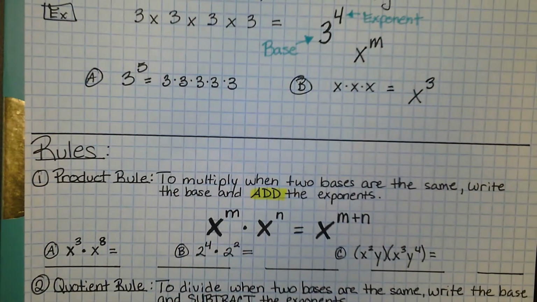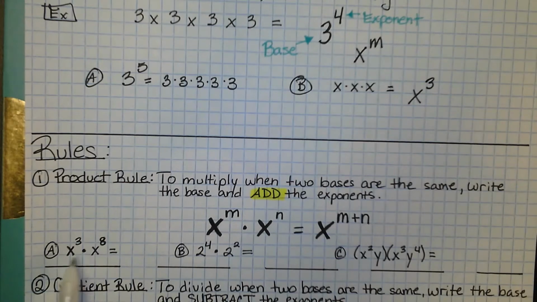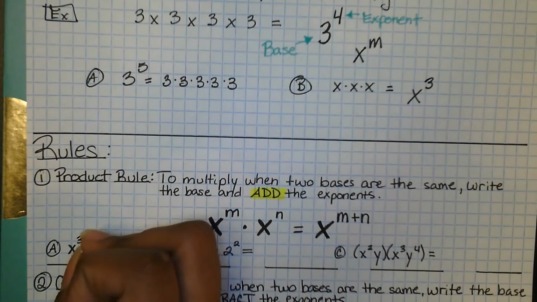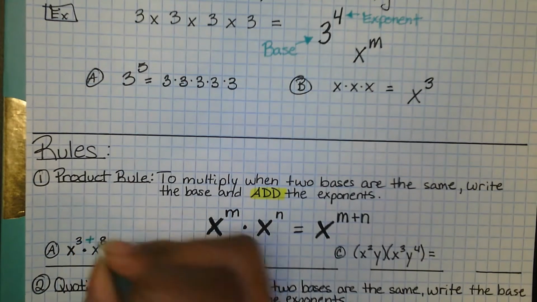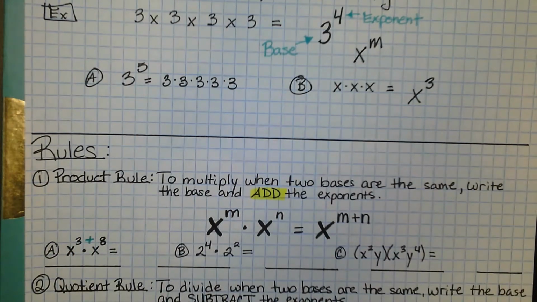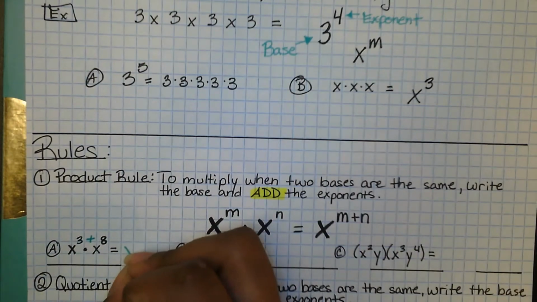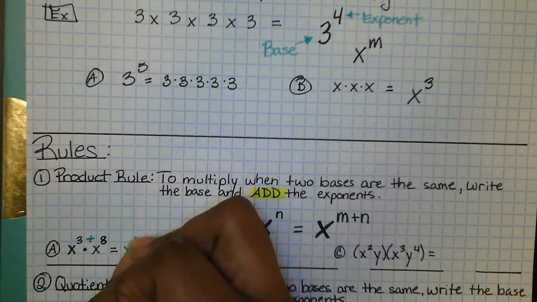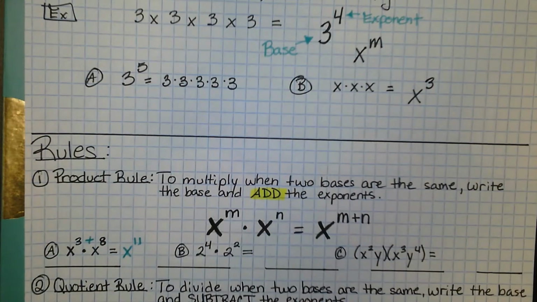In this example, both terms have the base x. If we're multiplying them, that's the operation in the middle, we're going to add the exponents. So keep the base and add the exponents. 3 plus 8 is 11.